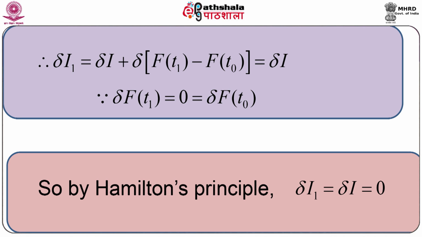Since the end configurations are prescribed, at the end points delta F t1 equal to 0 and delta F t0 equal to 0. So, delta I1 equal to delta I. Therefore, by Hamilton's principle, delta I1 equal to delta I equal to 0, and one gets similar set of equations of motion.